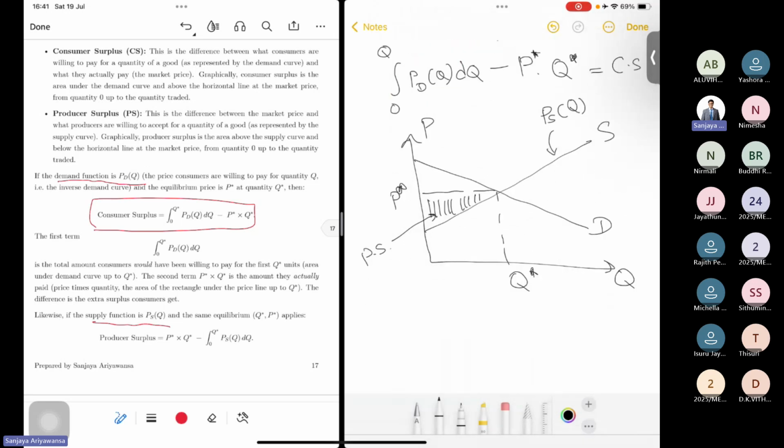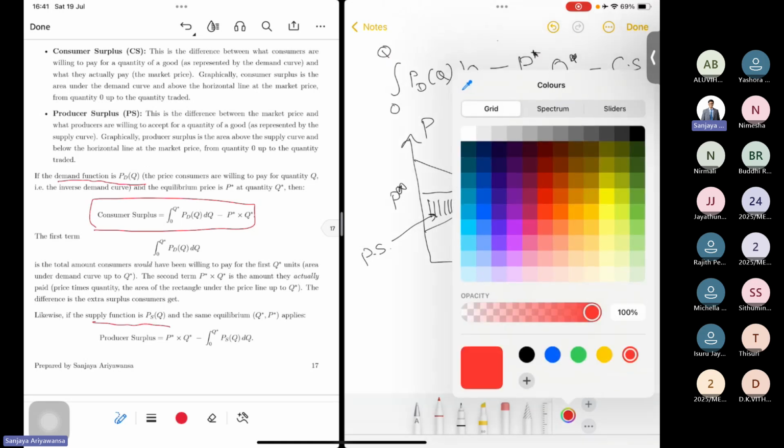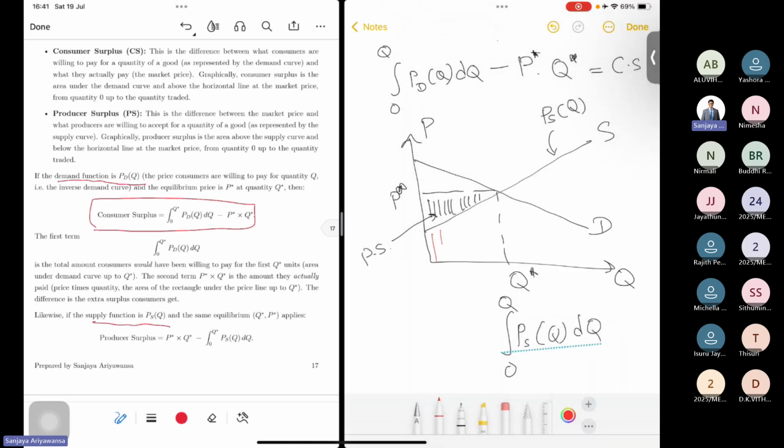Well, if I were to integrate my supply function with respect to dq from 0 to Q, it's the area under the curve. I would get this area, right?